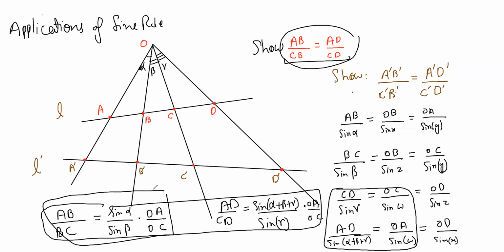This ratio AB by BC has to do with the ratio OA by OC and sine of the top angles, right? This is by itself a very important tool, to go from ratio of the sides there to ratio of the sides at the bottom, if you know the sines. Yeah. So this also tells you something interesting.